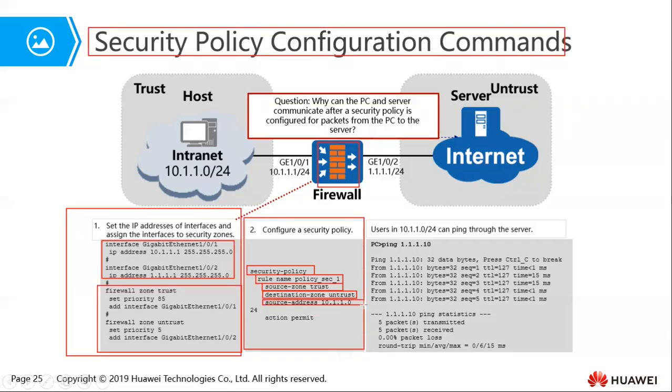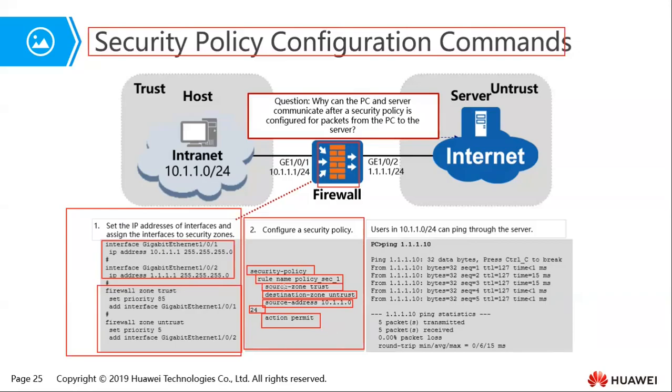And for which packets? For packets that have the source address from that network. So that is how we configure the policy. Other than the network address there, we also have the mask. So you also have to specify the mask there, as you're going to see in the lab. Then the last command is action permit.